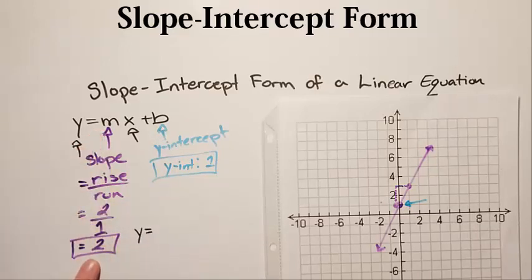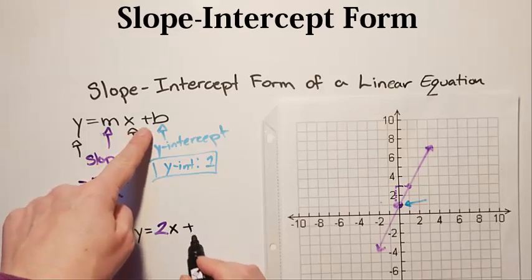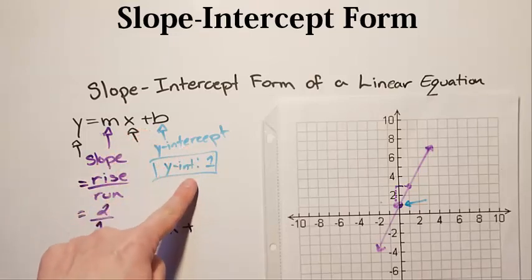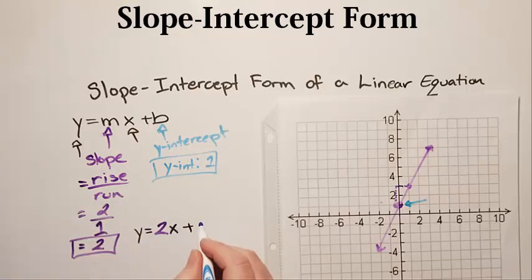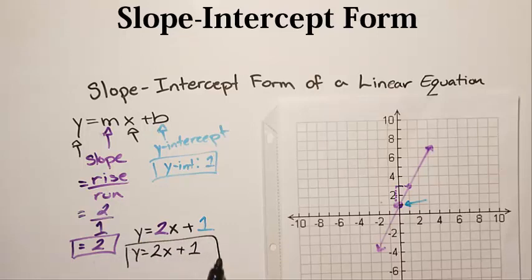You told me my slope was 2. Slope has to be connected to x, so there's my x. The formula says I need to add my y-intercept. You told me my y-intercept was 1, so I'm adding 1. If it can be simplified, you need to simplify it. Y equals 2x just stays as 2x, and plus 1 just stays as plus 1. So it was already in simplest form, and you're done.